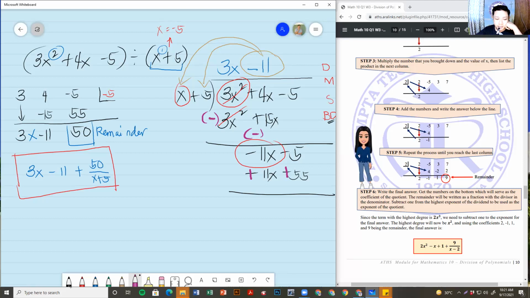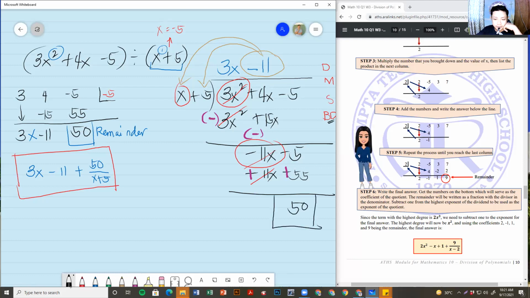Remember that. And so let's now solve negative 11 plus 11x, that's 0. And then combine negative 5 and 55. The answer is 50. And that is your remainder.